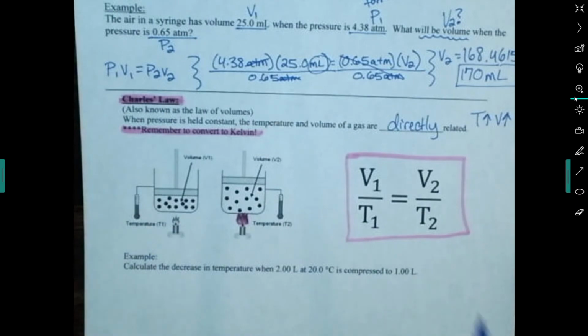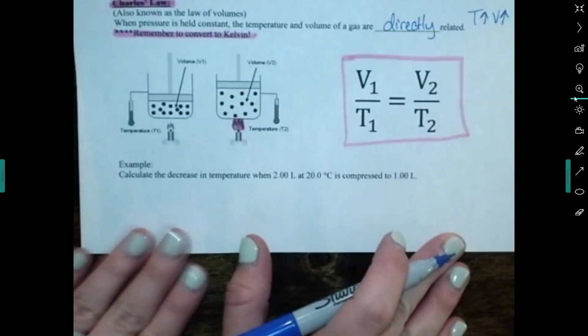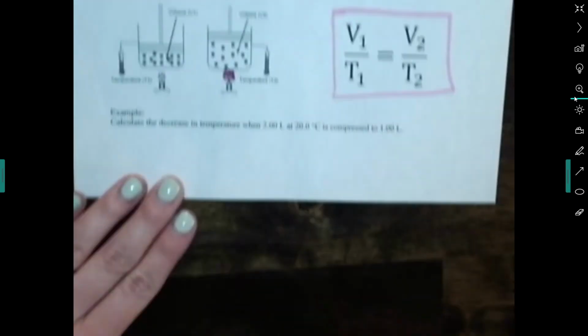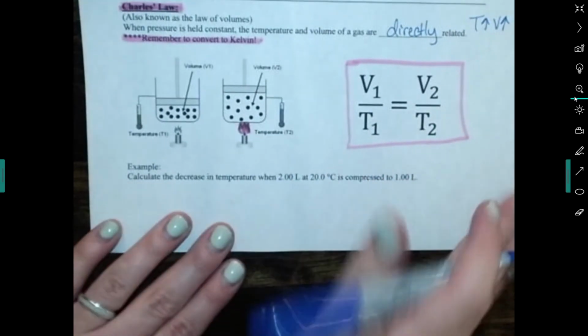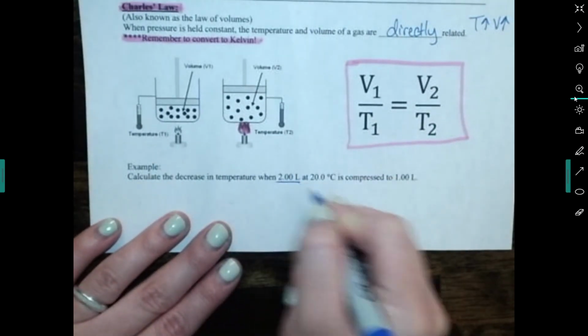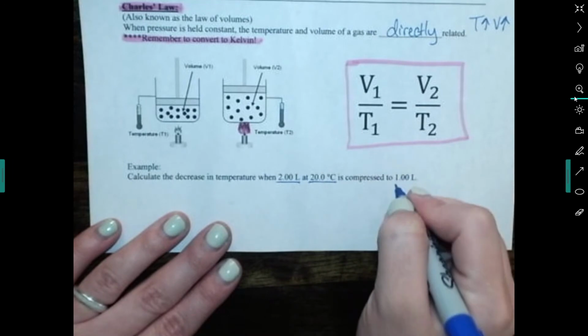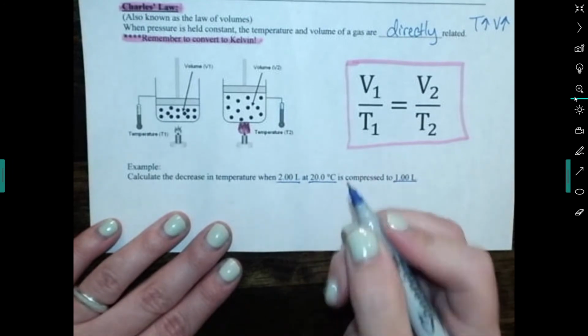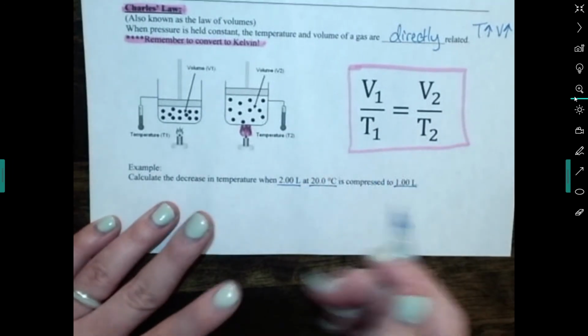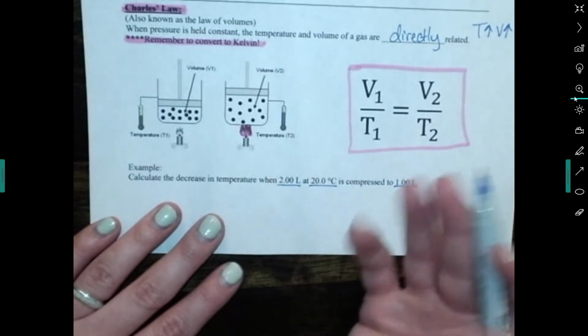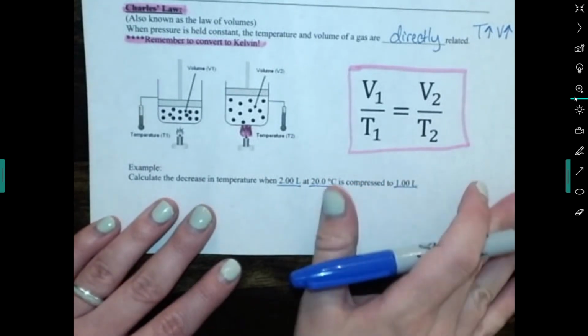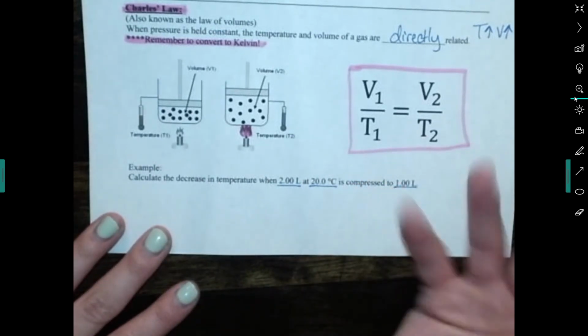So here's an example. It says calculate the decrease in temperature. Let me scoot that down. Calculate the decrease in temperature when 2 liters at 20 degrees Celsius is compressed to 1 liter. So it's basically saying, hey, we had 2 liters, we're going to compress it down to 1 liter. What's the new temperature going to be, basically? Assuming everything else is held constant.